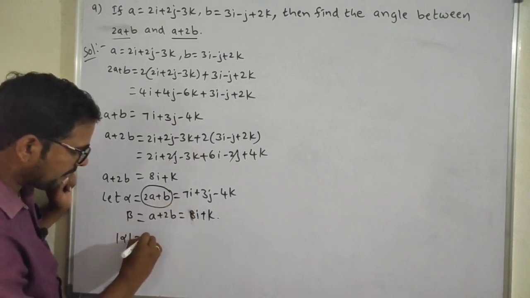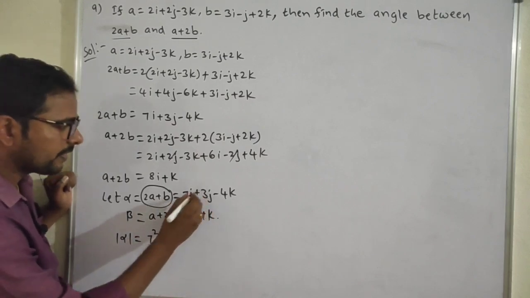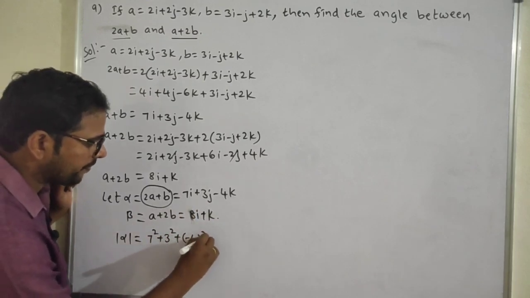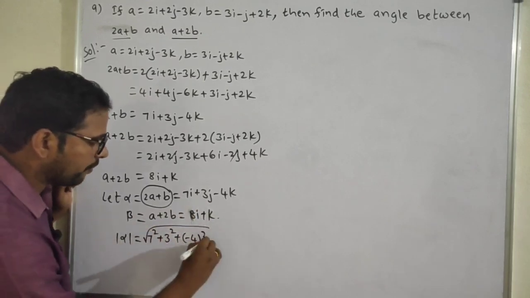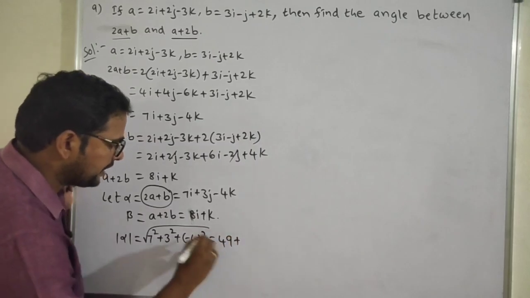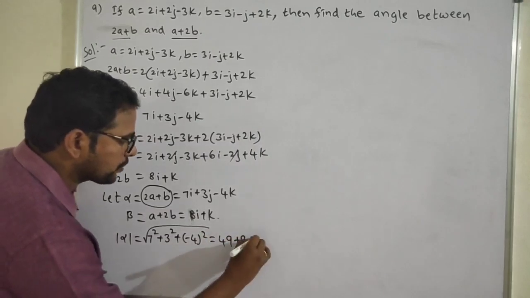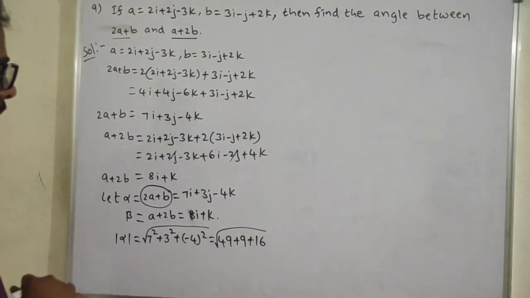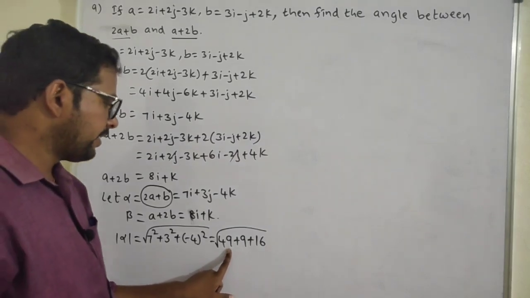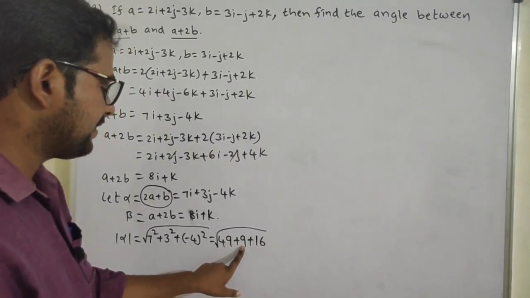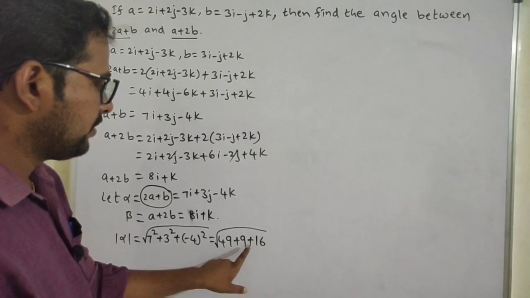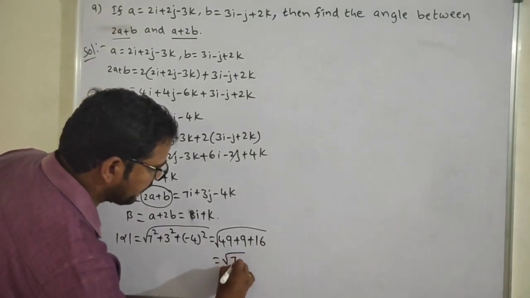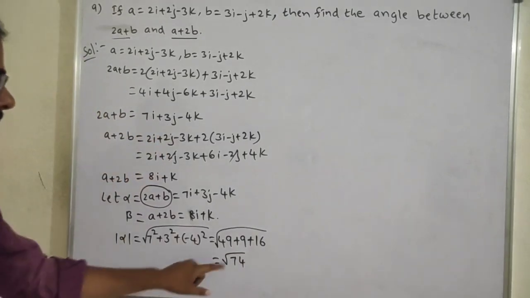The i coefficient 7 squared plus j coefficient 3 squared plus k coefficient minus 4 squared, which is 49 plus 9 plus 16. 49 plus 9 is 58, plus 16 is 74. So modulus alpha is under root 74.